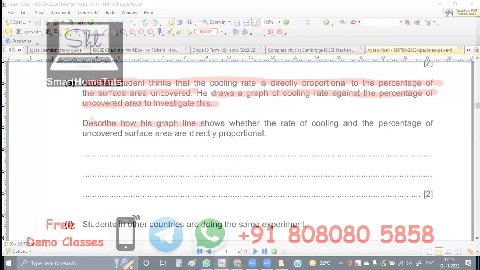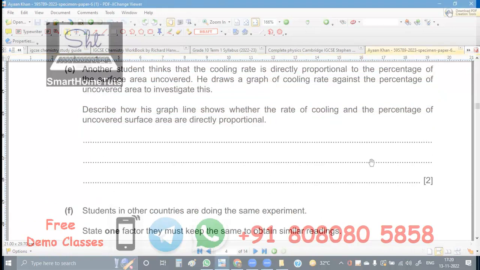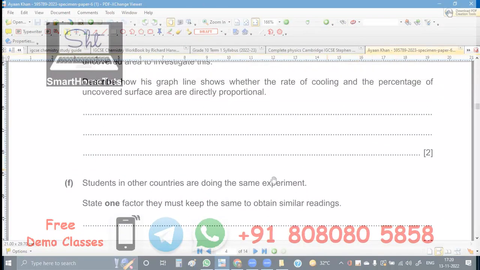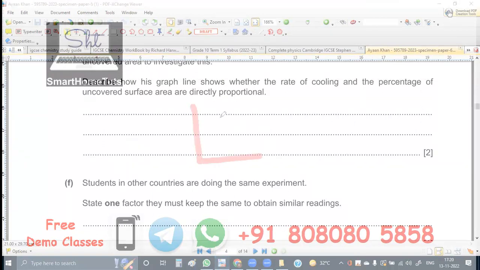Describe how this graph line shows whether the rate of cooling and percentage of uncovered surface area are directly proportional. This graph has to be a straight line. The graph should be somewhat like this. The rate of cooling will be faster if the surface of uncovered area is bigger.